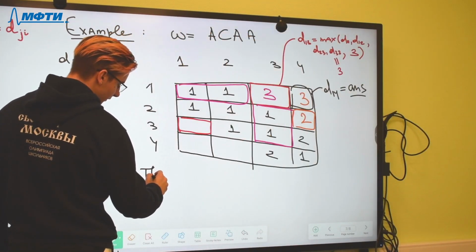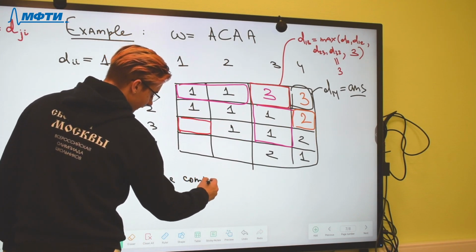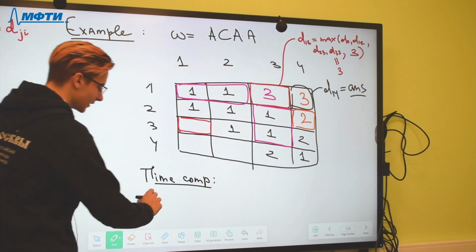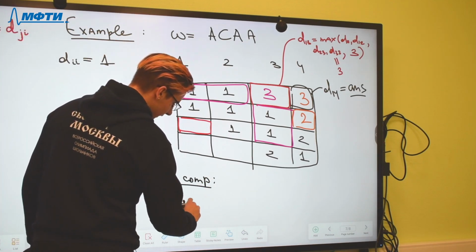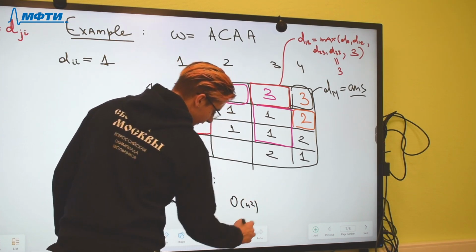And for example, what is the time complexity of this algorithm? Space is understandable. It's equal to O of n squared.